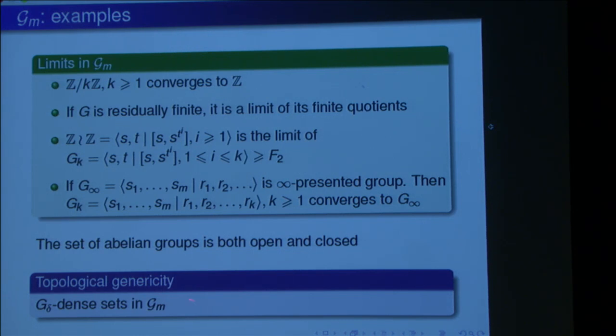Great. So let us consider this remark. The set of abelian groups is both open and closed in this space. Why? Well, just because to be abelian, you need only relators of length 4, right? You take generators and they have to commute.